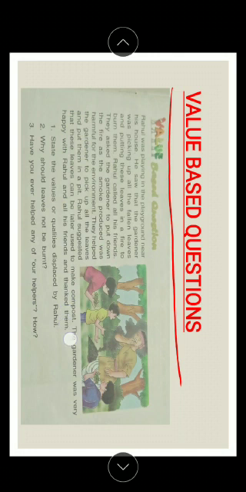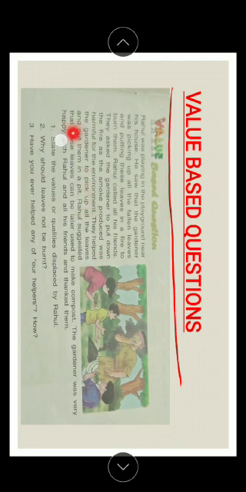These three boys asked the gardener to put off the fire because, as you have studied in this chapter, in the same way these boys also had studied that burning leaves causes pollution, it pollutes the air. So these three boys asked the gardener to put off the fire because it causes air pollution and is harmful for the environment.